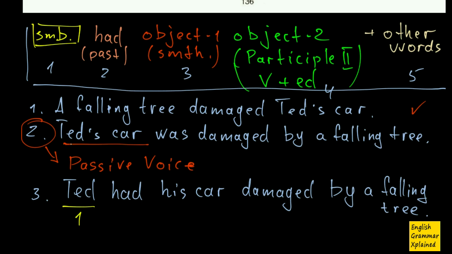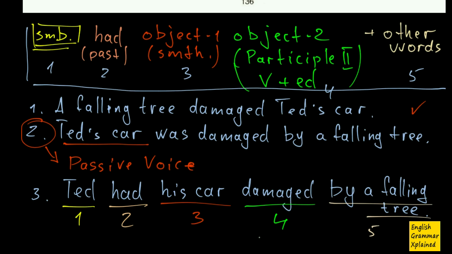This is my number one, my subject. Then I have had. That's the second position. And then object number one. Then object number two. And then the other words. And we are done.